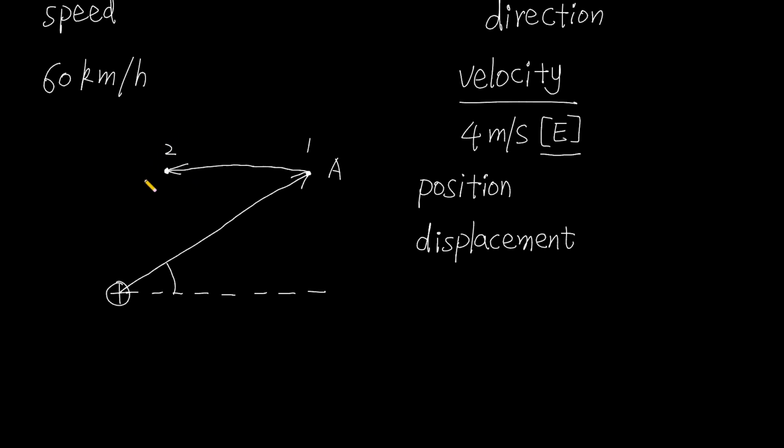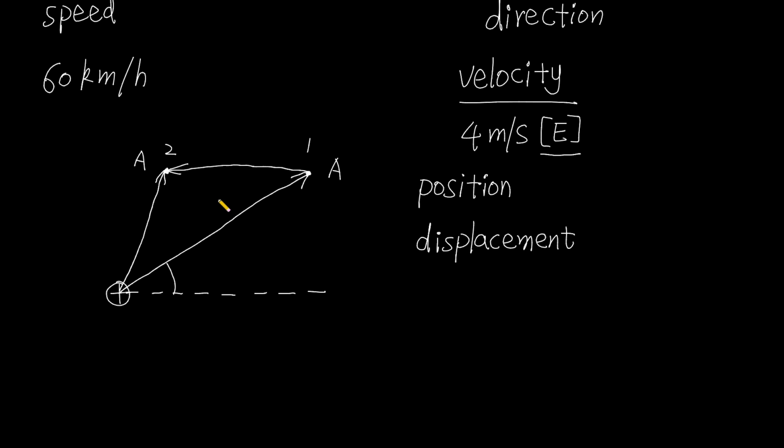And now we can draw a new vector from the reference point to the new position of object A. So this vector represents the new position of object A. Now object A moves from position 1 to position 2.